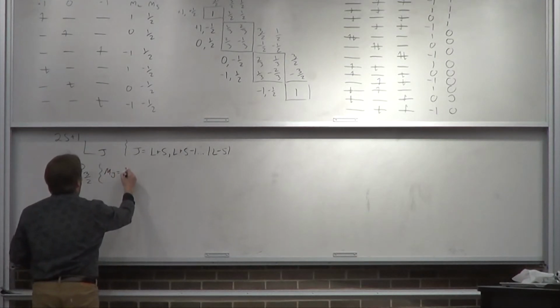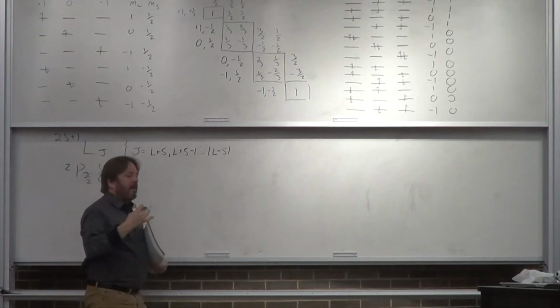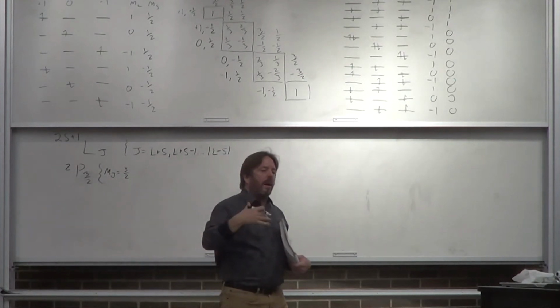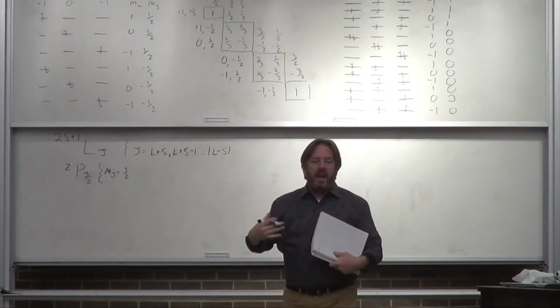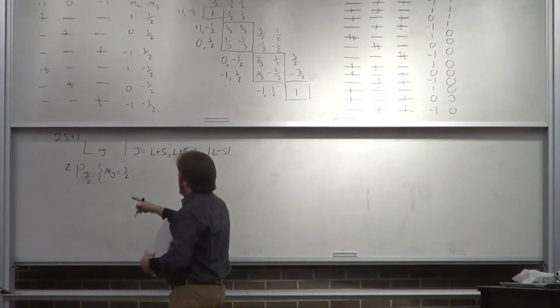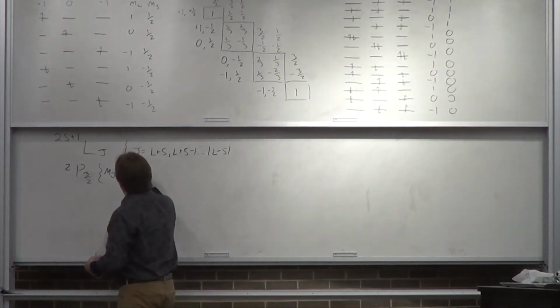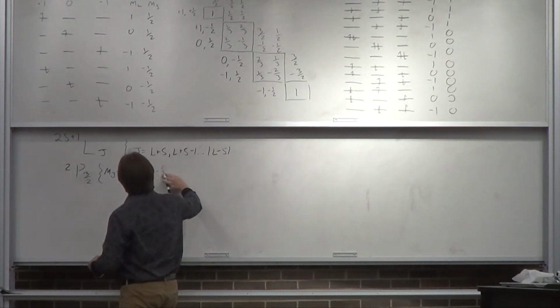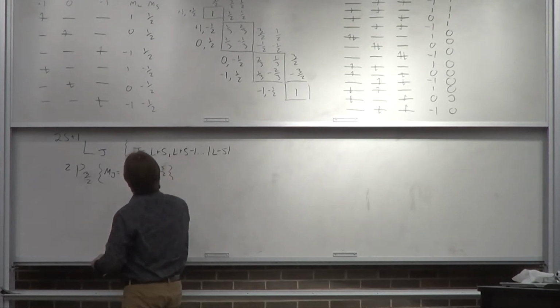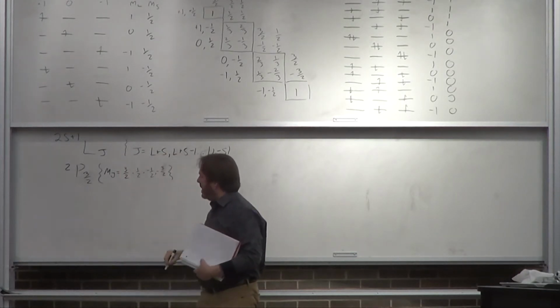Just like a p with an L of 1 has m sub L of 1, 0, minus 1, the m sub J's are going to go from 3 halves, 1 half, minus 1 half, minus 3 halves. So 1, 2, 3, 4. There are 4 of these.